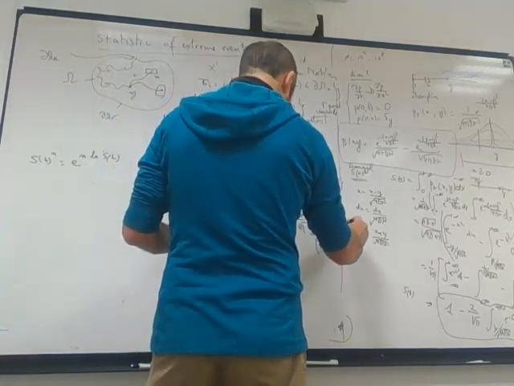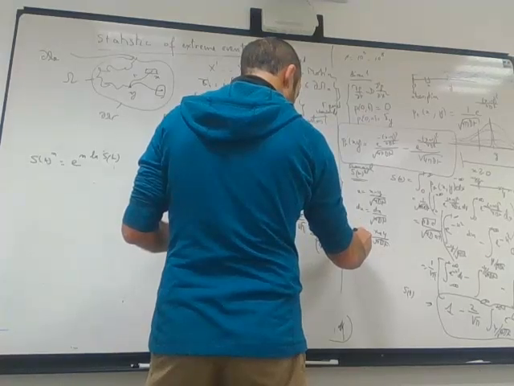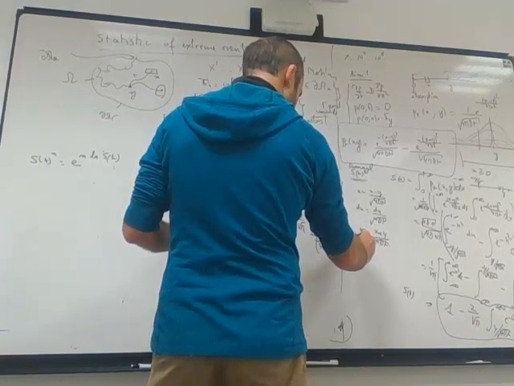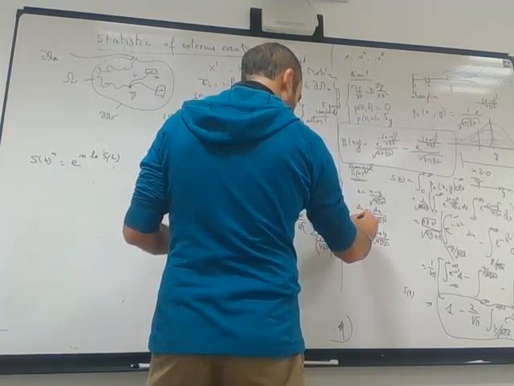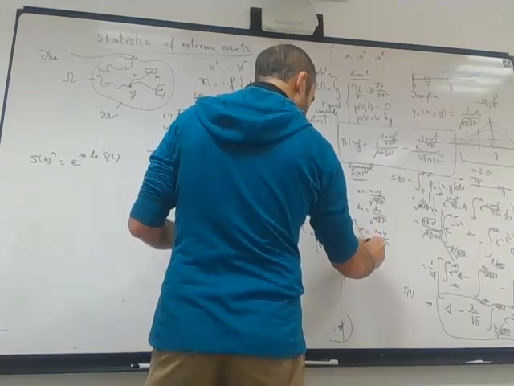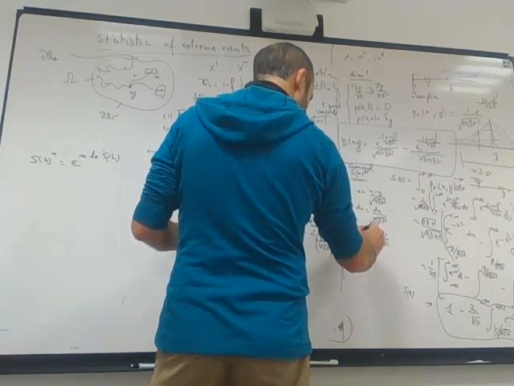It's 1 minus 1 divided by 2u squared, which is y over 4dt squared. This is called an asymptotic expansion.